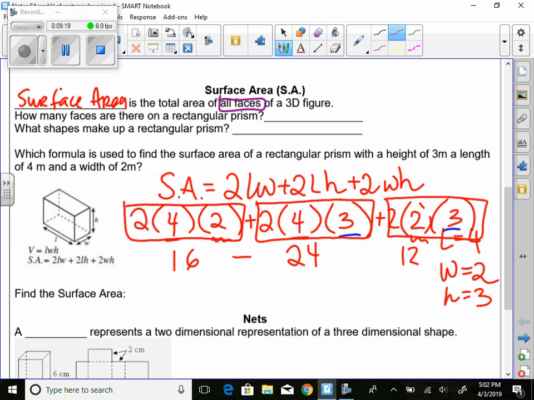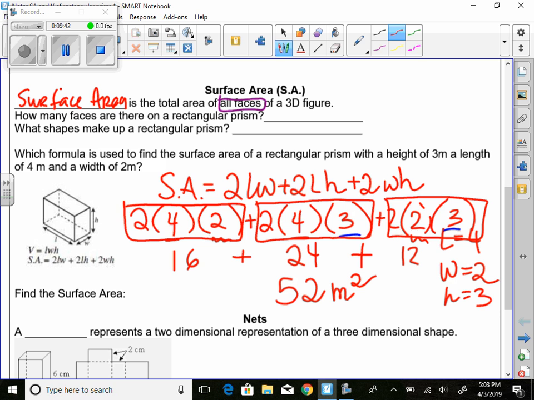The only thing left to do now is to combine the areas of those faces that we just found. So 16 plus 24 plus 12 is 52. Surface area will always be in square units, so meters squared, to the second power.